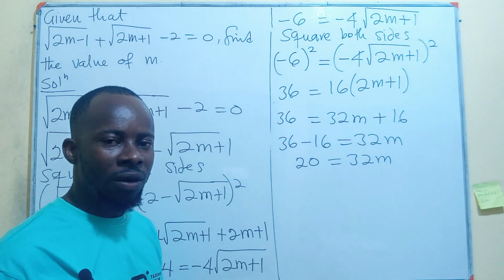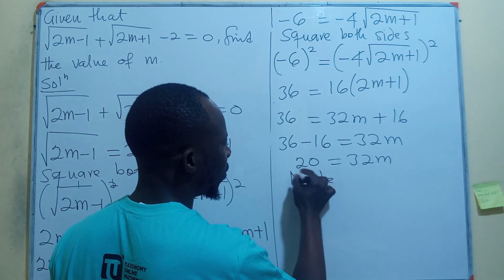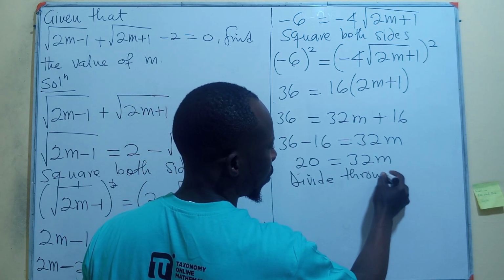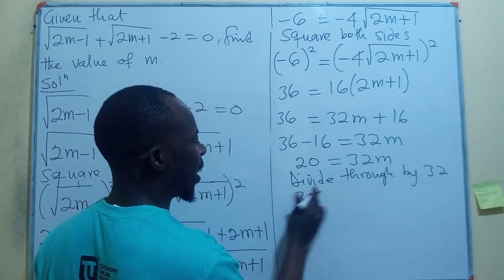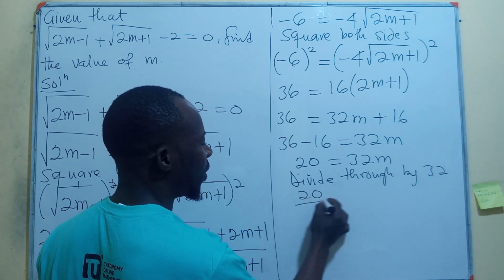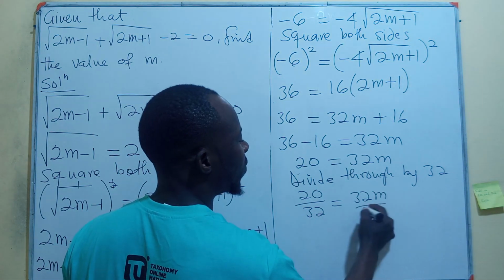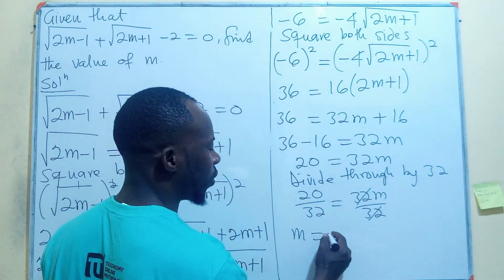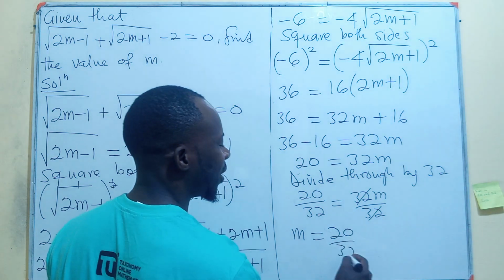Since we are looking for m, we divide. So we have 20 as the first term divided by 32, and 32m divided by 32. So this will cancel. m will be equal to 20 divided by 32.